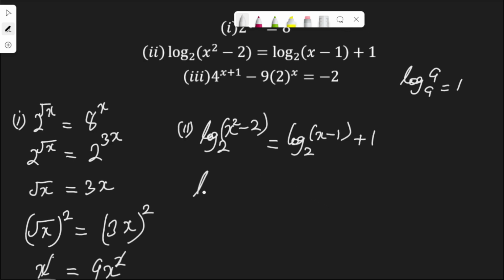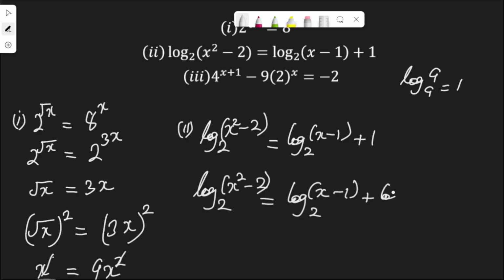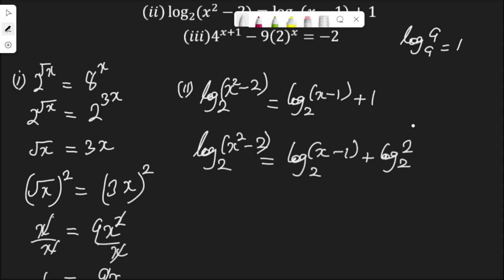Therefore, our question becomes log of x squared minus 2 to base 2 equal to log of x minus 1 to base 2 plus log 2 to base 2. Again, there's a law that says log p to base a plus log q to base a is equal to log of pq, as p multiplied by q, to base a.